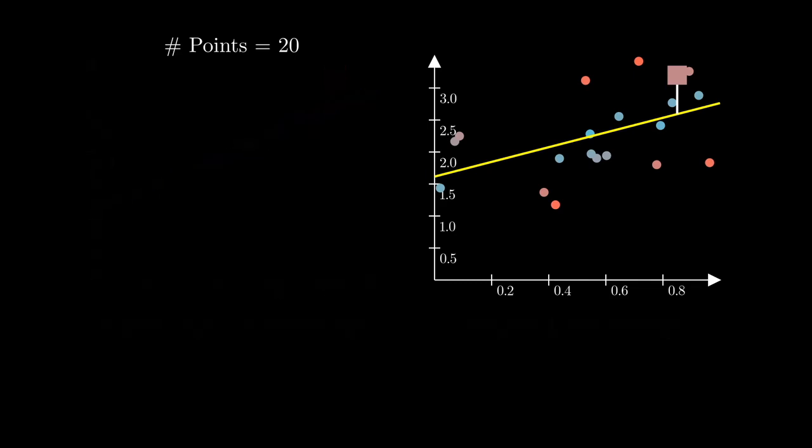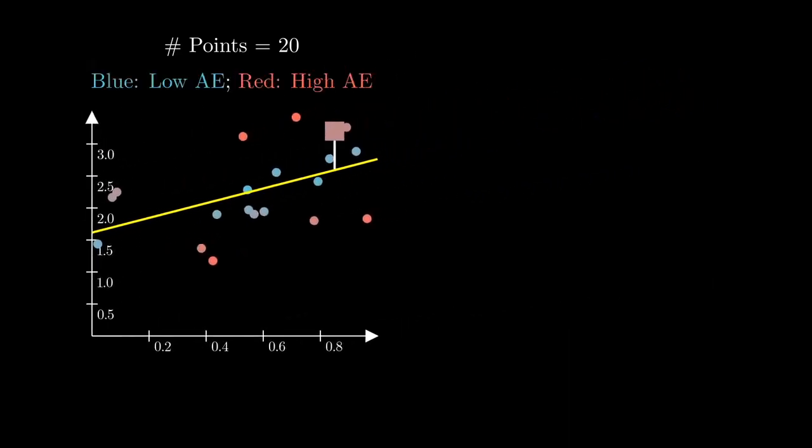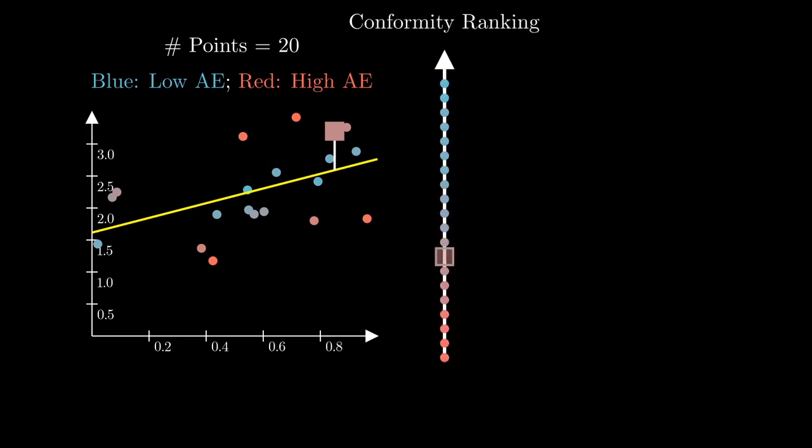So what should we do? We can think of a conformity ladder where the higher the conformity of a point, the higher it sits in the ladder. For example, the blue dot in the middle, which has the lowest absolute error among all points, conforms very well with the bag, and thus sits at the top of the ladder.